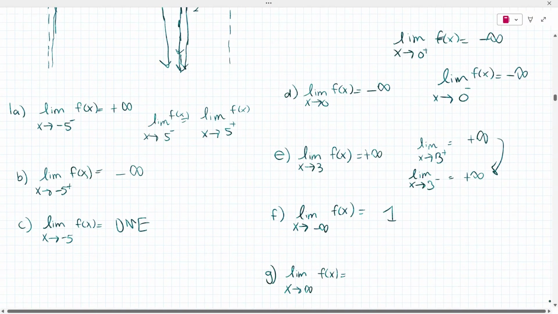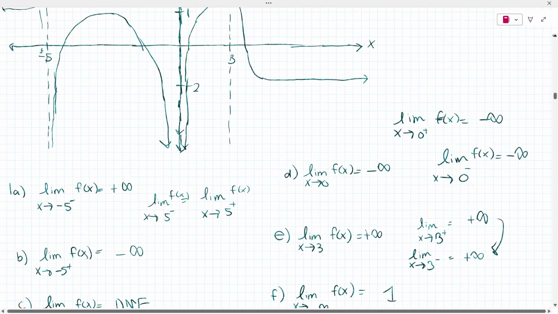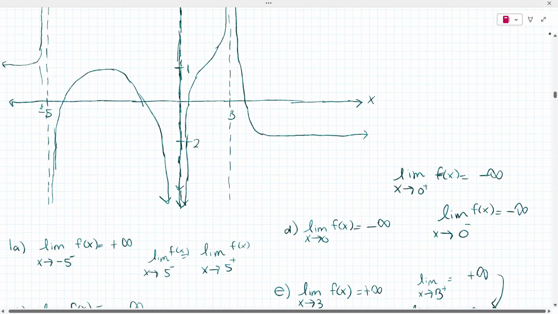What about g? What is the limit as x approaches positive infinity of f of x? So let's go back to your graph. Here's f of x. Anything larger than 3, so 3, 4, 5.